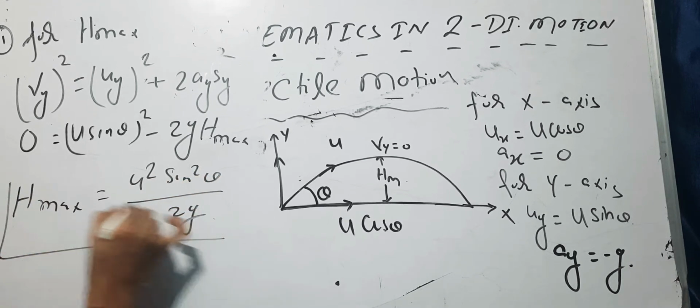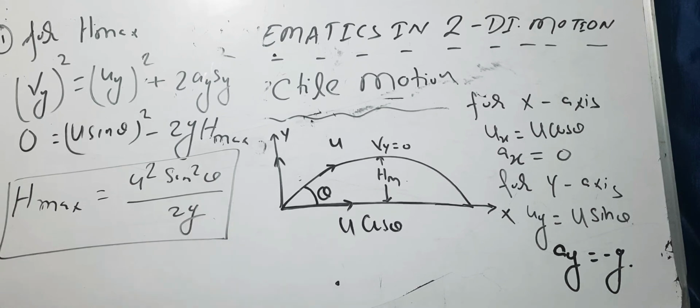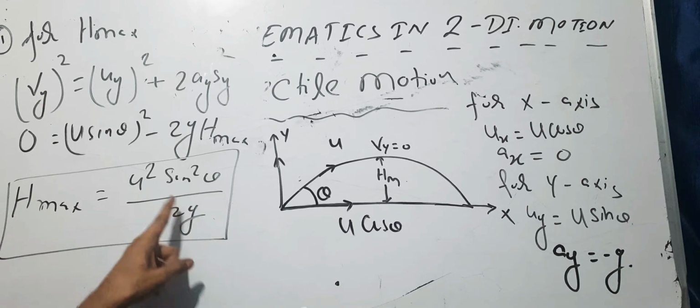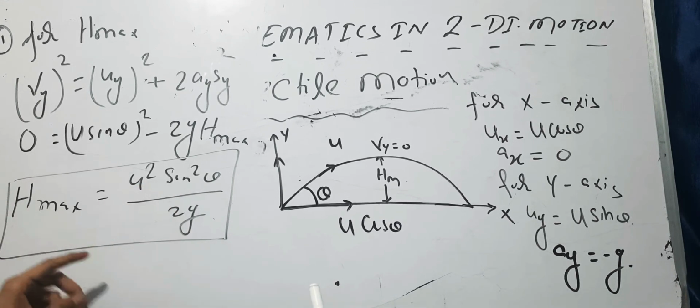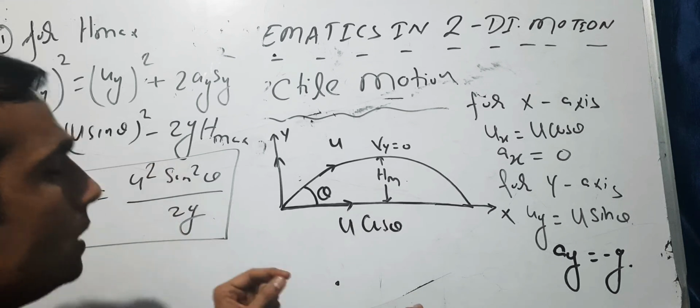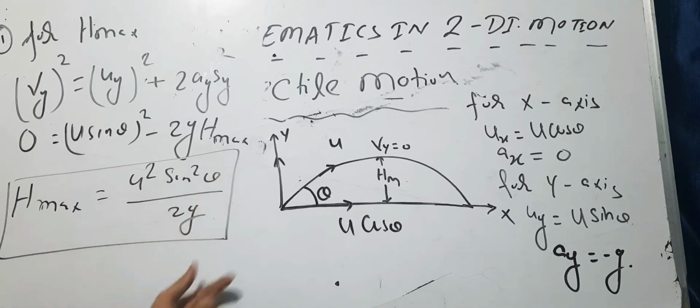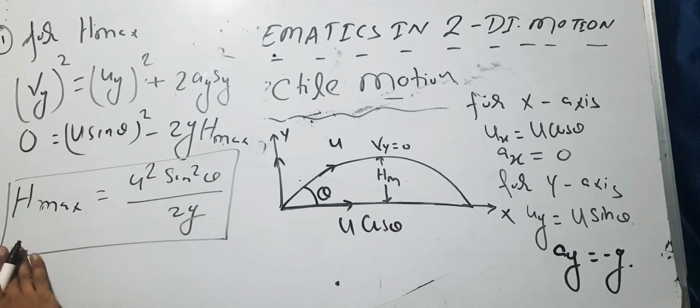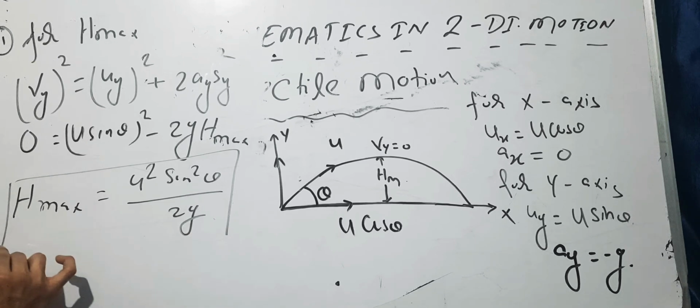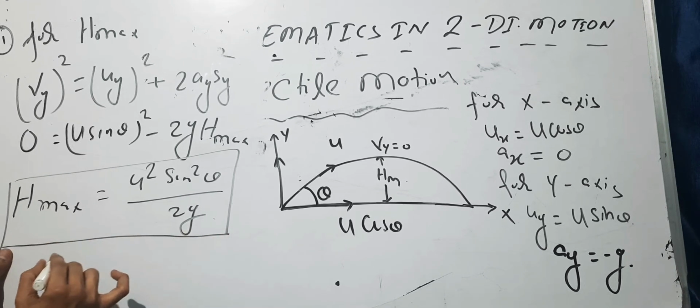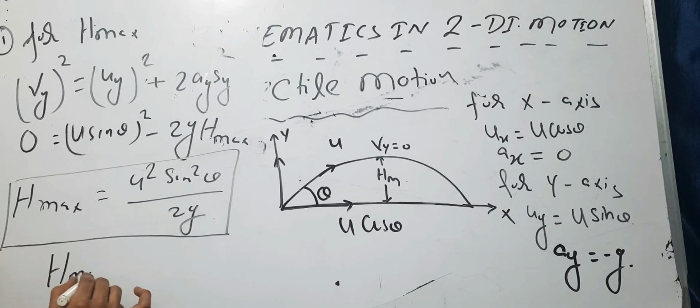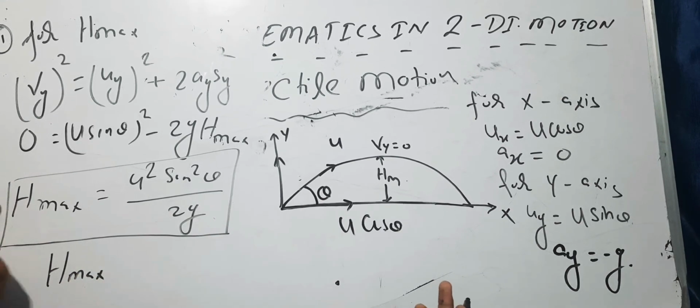You can also get it in the simplest way, because you know all the formulas of one dimensional motion. You know the one dimensional formula for the maximum height attained by the particle, u square by 2g. In short form you can learn, students, there is no need to learn two formulas.